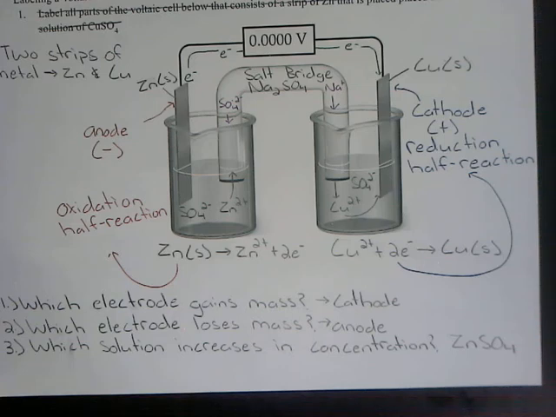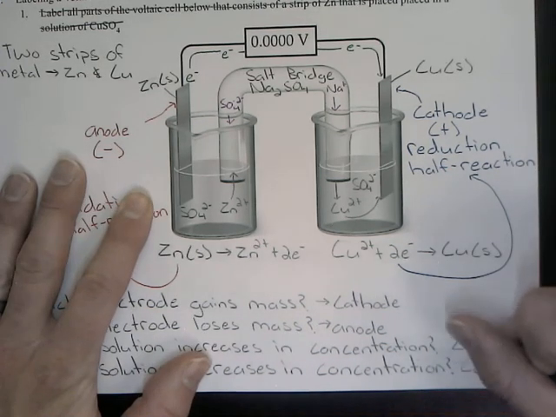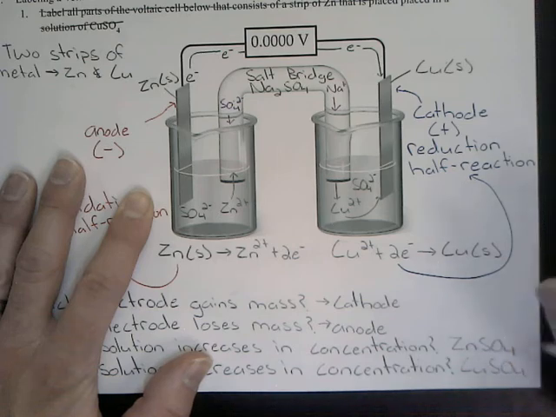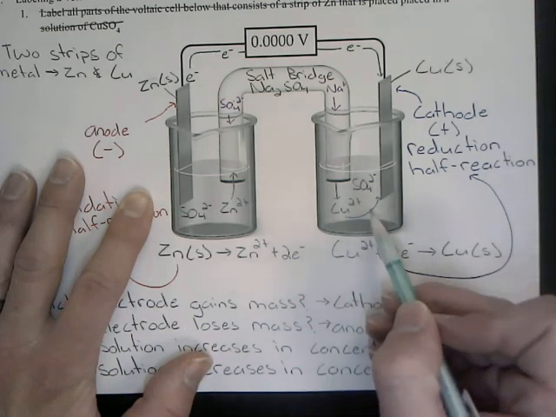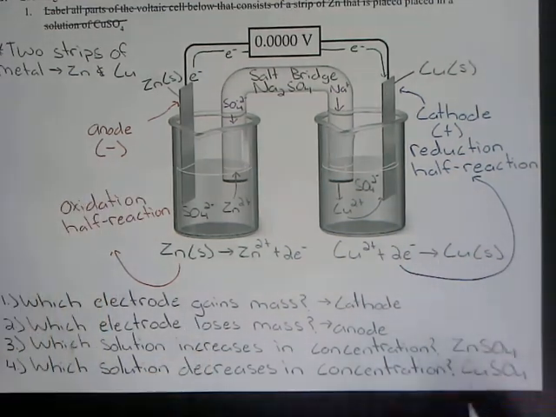Now on my flip side here, what solution decreases in concentration? And the answer to that is the copper 2 sulfate. Again, why that is happening is because some of this copper 2+ is being deposited onto the copper metal to produce a greater amount of copper.